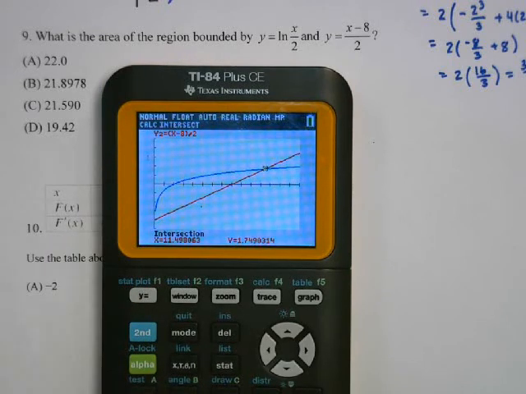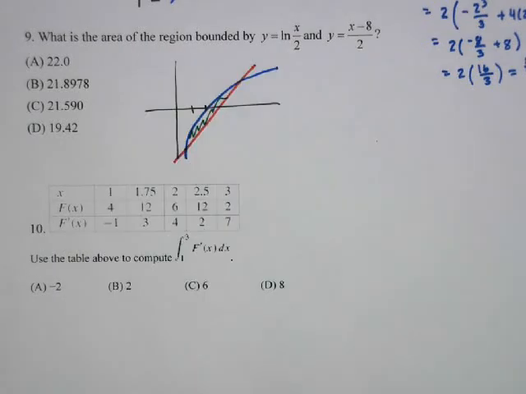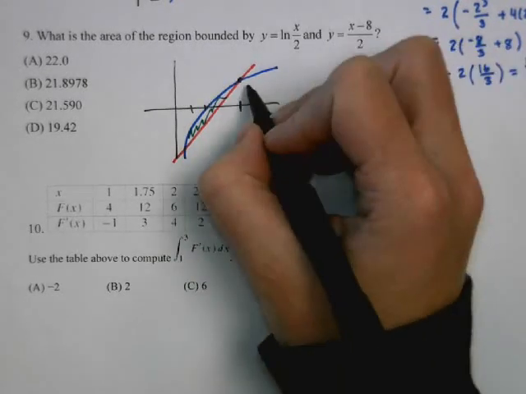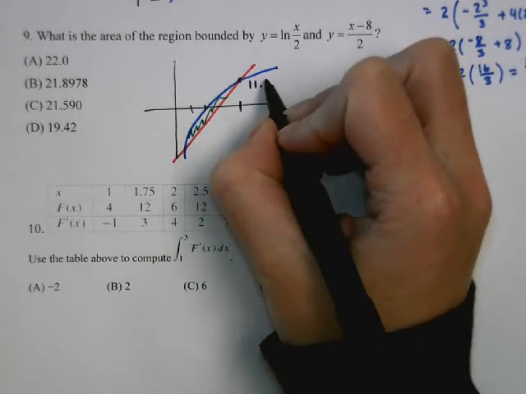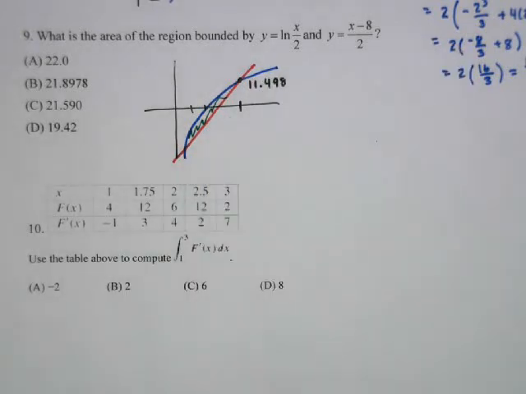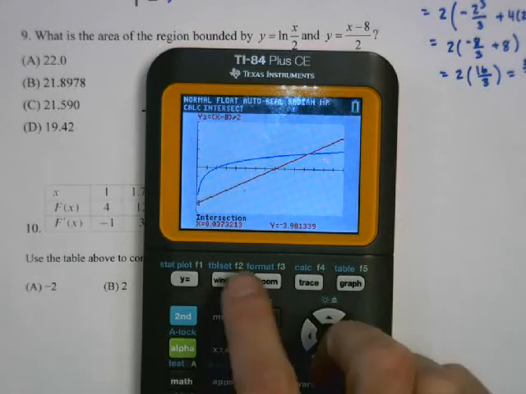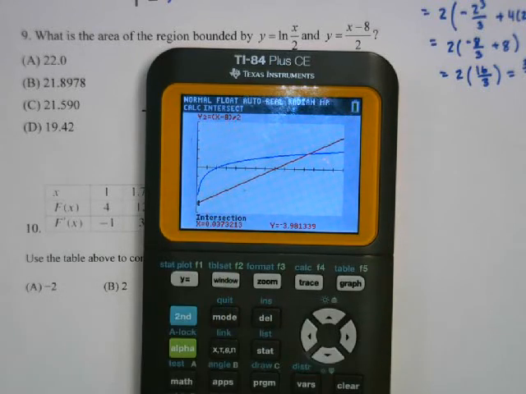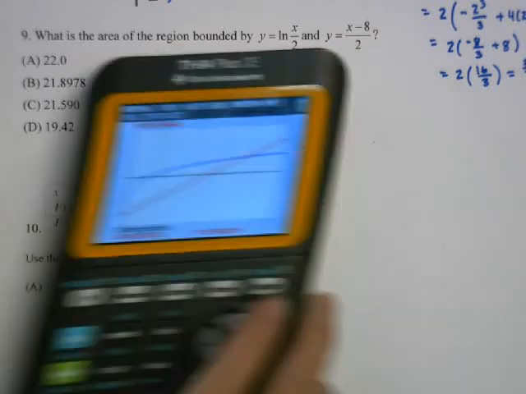Okay, so the first one's at 11.498. Then we'll find the other intersection. So we do the calc intersection again and trace to this one, and we get 0.0373.